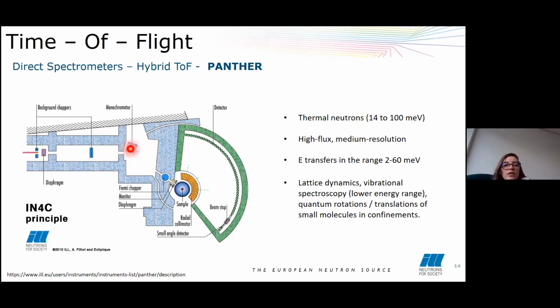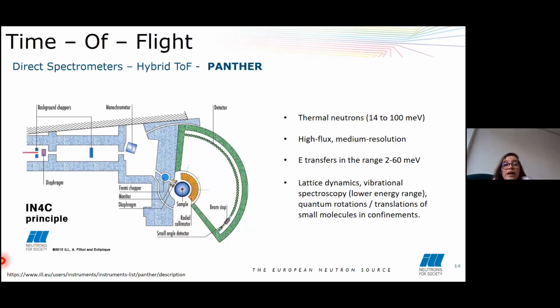So this monochromator will select the incident energy through Bragg's law, and the reflected beam goes through a Fermi chopper, which is a rotating collimator that will turn the beam into small bits. And then they will be identified by time of flight at the detectors. So both the neutron energy and the angle through which the neutrons are scattered are analyzed. So this way, you can obtain your scattering function.